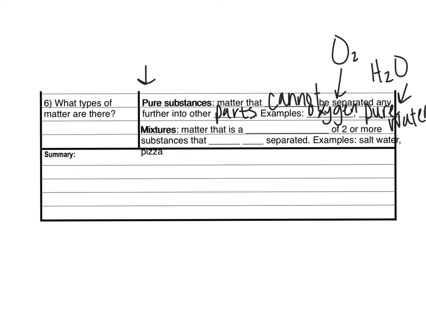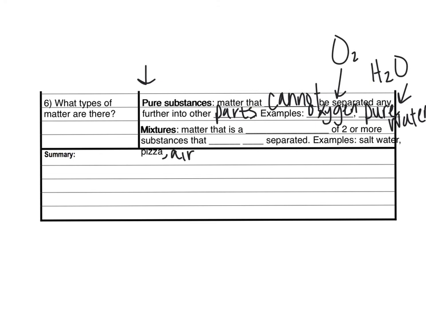A mixture is a combination of 2 or more substances. So a mixture would be like air. A mixture would be salt water. I could take the salt out of the water. I could take the fluorine out of the water. I could take all of the gross stuff off of pizza that I don't like. That's a mixture. Okay?